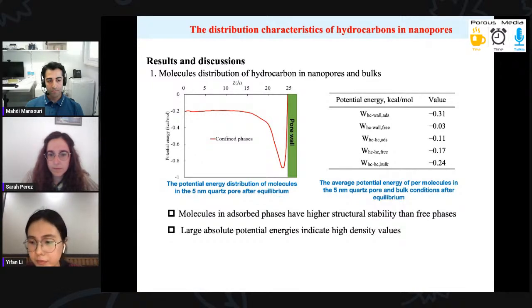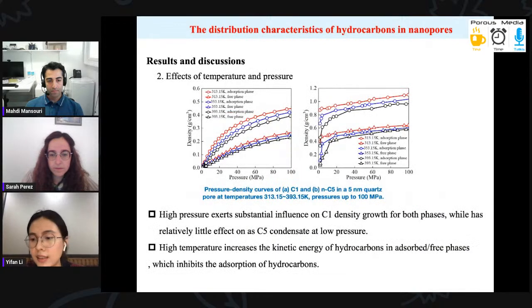Then we go to the next slide to talk about some effects that might affect the distribution and characteristics of fluids within those combined phases. The first is temperature and pressure.